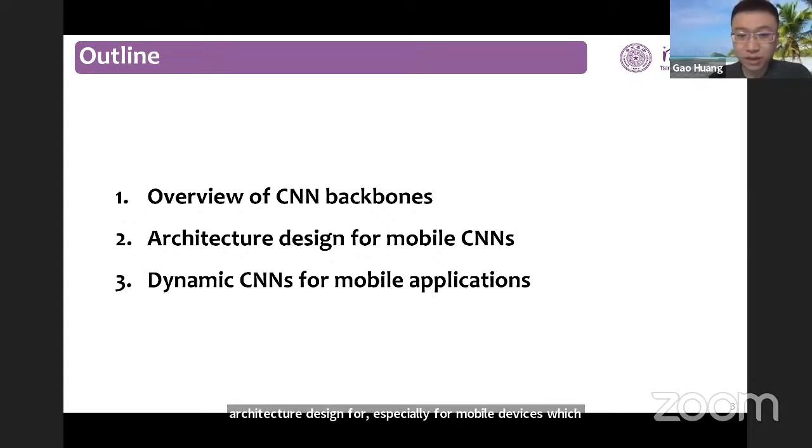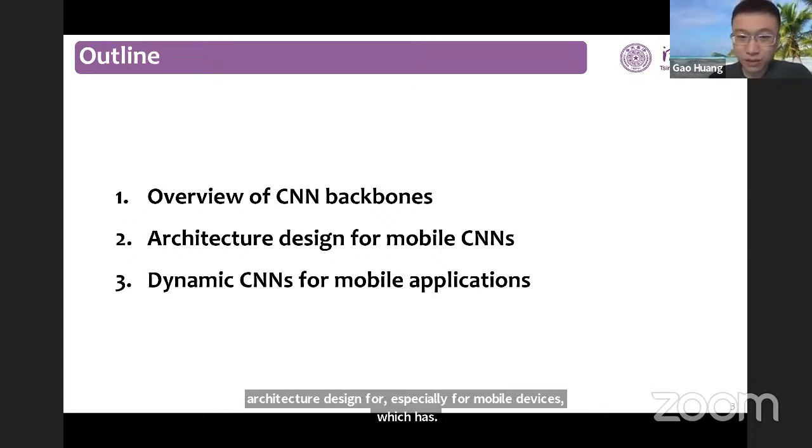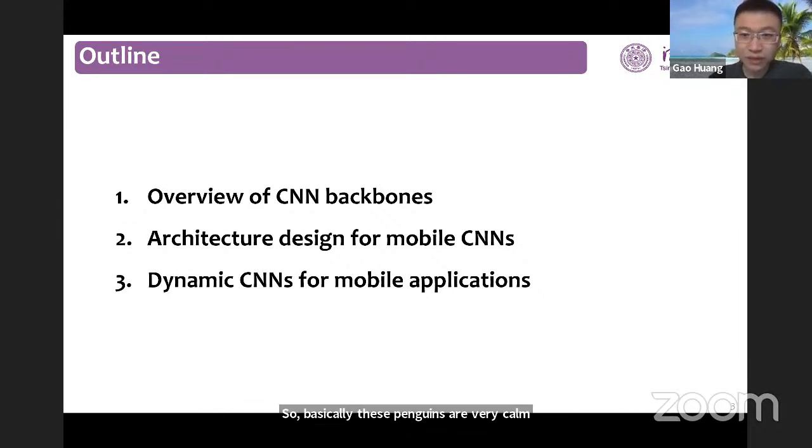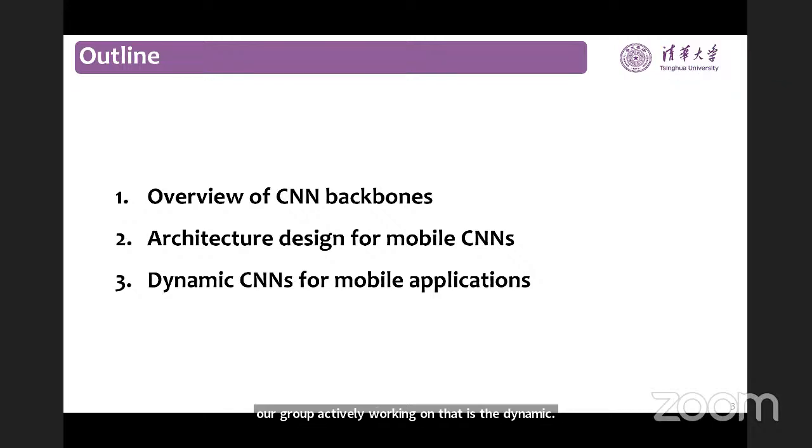These backbones are very compact and can run on cell phones or other wearable devices. And in the third part, I will talk about a research direction that our group is actively working on, that is, dynamic convolutional networks, which are especially suitable for mobile applications.